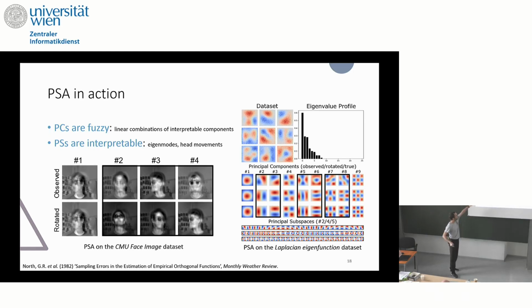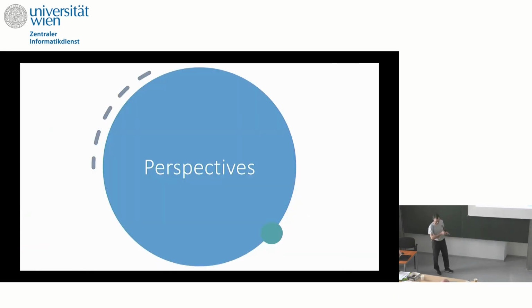So in general, when you do PCA on a dataset of face images, you have very fuzzy principal components. And if we look at the degenerate eigenvalues, the relatively close ones, and we perform a rotation within the subspace they span, we can recover much more interpretable face movements. Okay, so that was the conclusion of this part.